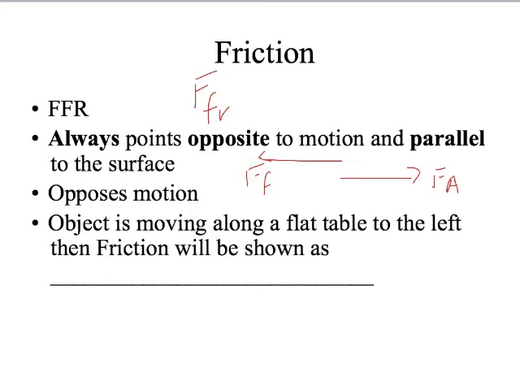Friction is going to counteract or work against the motion. All right, so if an object is moving along a flat table to the left, then friction will be shown as to the right. Okay, so that's if I specifically tell you that the applied force is going to the left. Though normally we will just, to keep the applied force positive, keep it to the right.